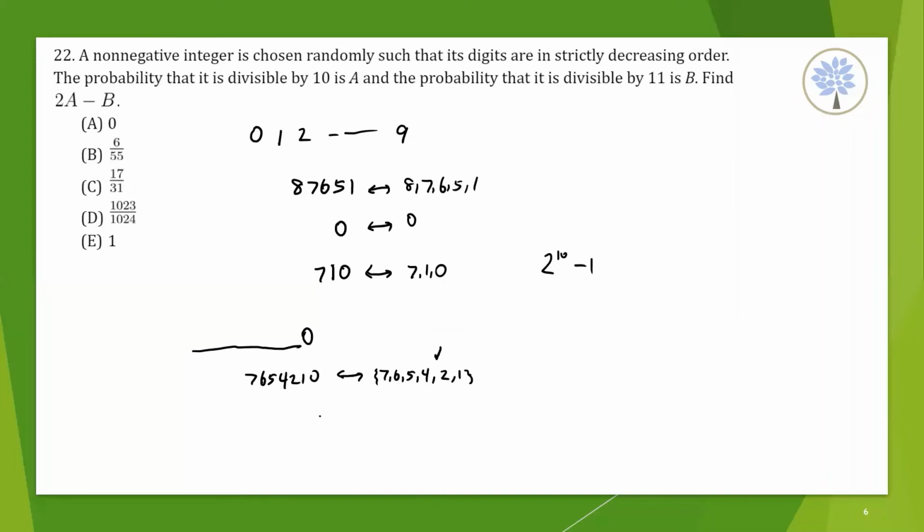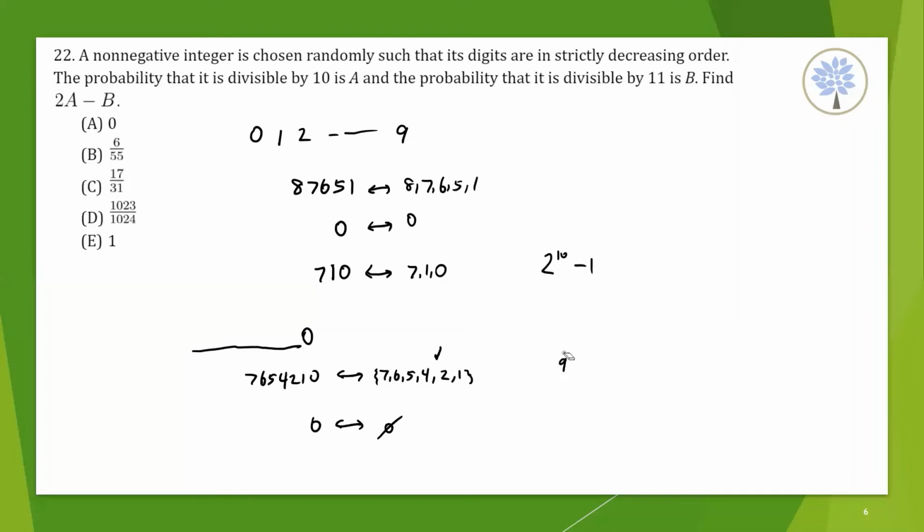In this case, even the empty set corresponds to a non-negative integer: we have no digits to the left of the 0, and we're just left with the number 0 itself. So there are 2 to the 9 subsets of the digits 1 through 9, and therefore 2 to the 9 possible non-negative integers whose digits are in strictly decreasing order and whose last digit is 0.